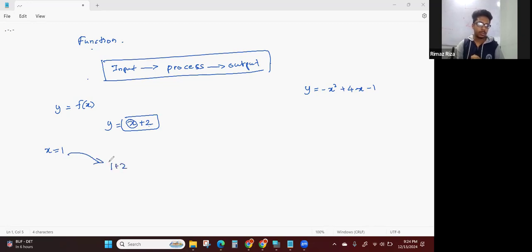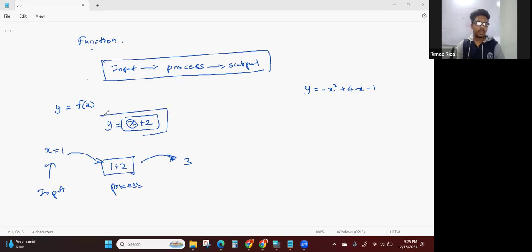So 1 plus 2 is the process, adding 2, and then it produces an output. It gives the output 3. So if you put 1, it gives 3. If you put 2, it gives 4. If you put 3, it gives 5, right? So you give a value, it gives another output. So this is a function. Is that clear, everyone?